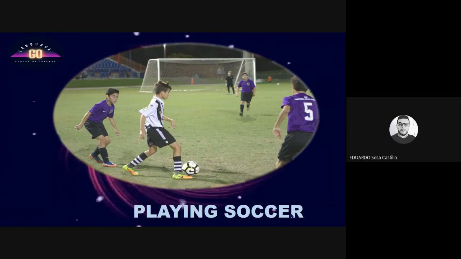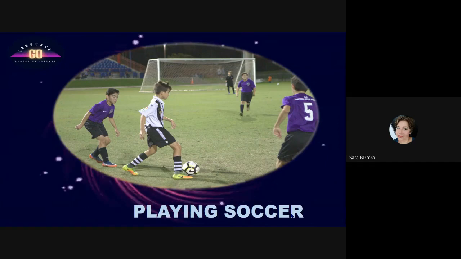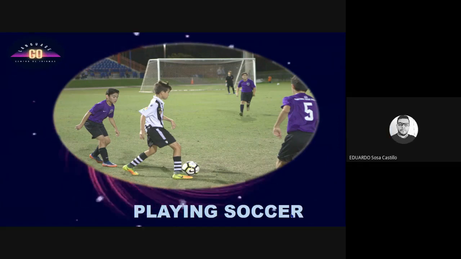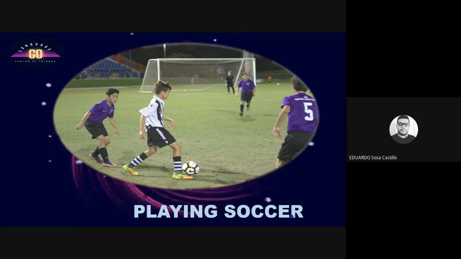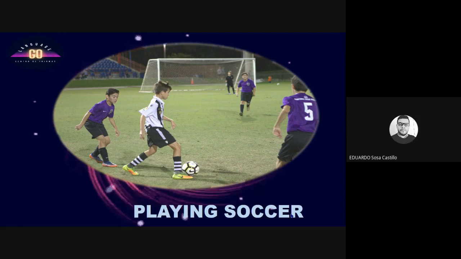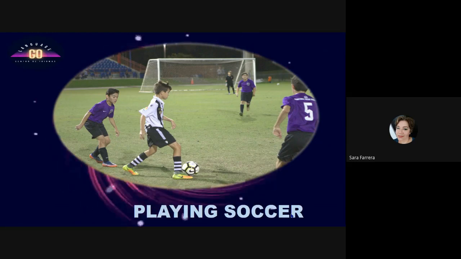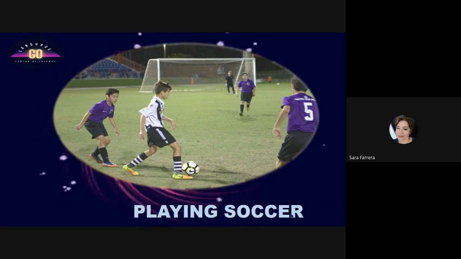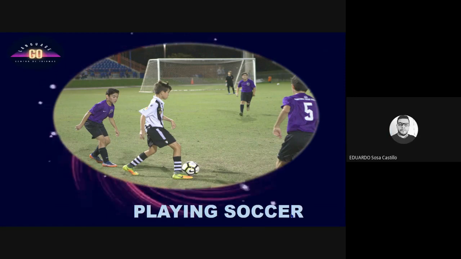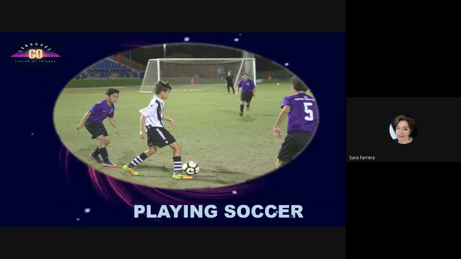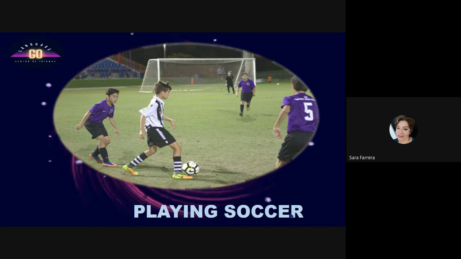Are they playing soccer? Yes, they are. Are they playing tennis?